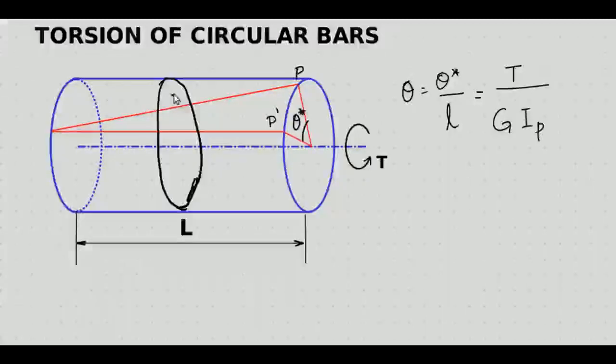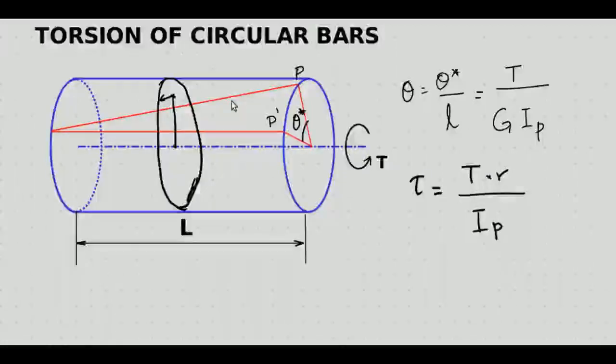The equation is given by tau is equal to T into R divided by IP, where R is the distance of the point from the centroidal axis, or the axis of twist. The direction of the shear stress is perpendicular to the radius, or in the tangential direction.